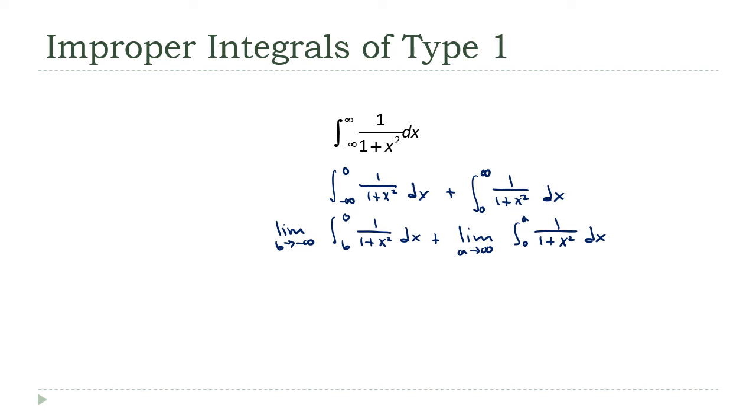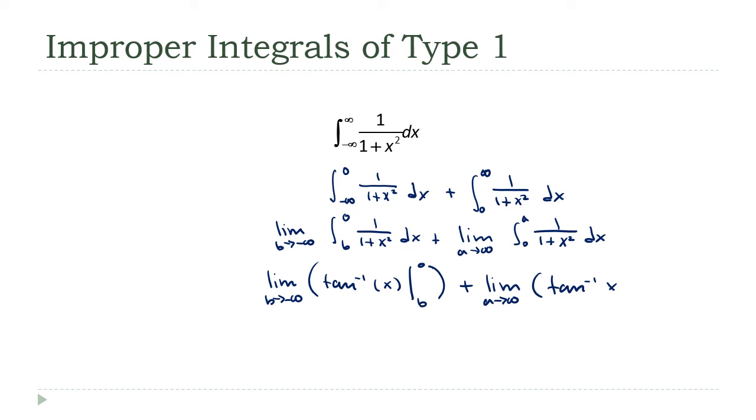And now we'll do the integral part. We'll get the antiderivatives in there. So this is the limit as b approaches negative infinity of the inverse tangent of x from b to 0, plus the limit as a approaches infinity of the inverse tangent of x from 0 to a. And so now what do we get?